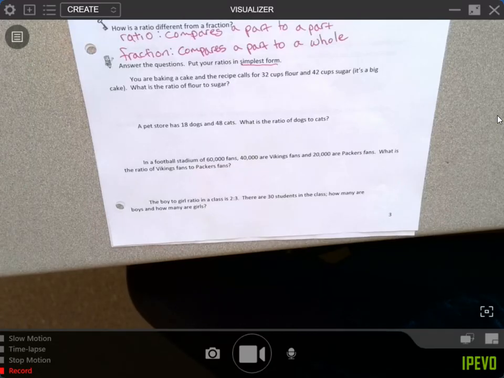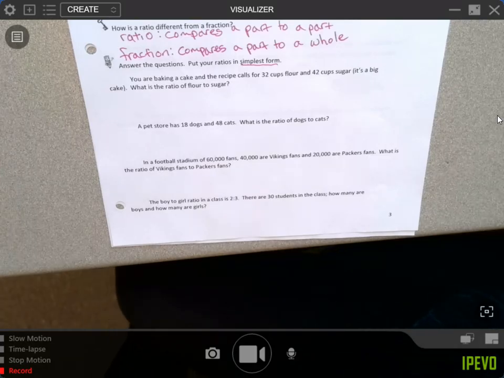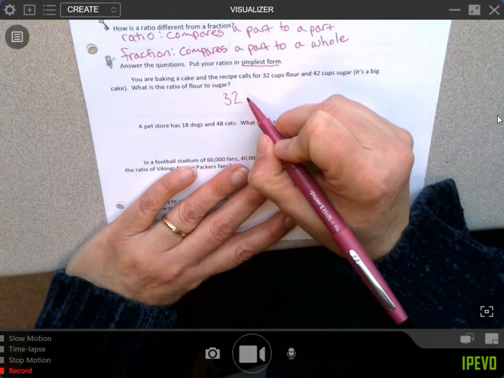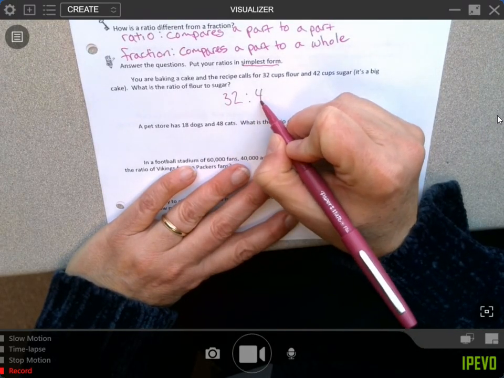It's a big cake. What is the ratio of flour to sugar? So how would I write my ratio? What's my original ratio? Amala? So 32 cups of flour to 42 cups of sugar.